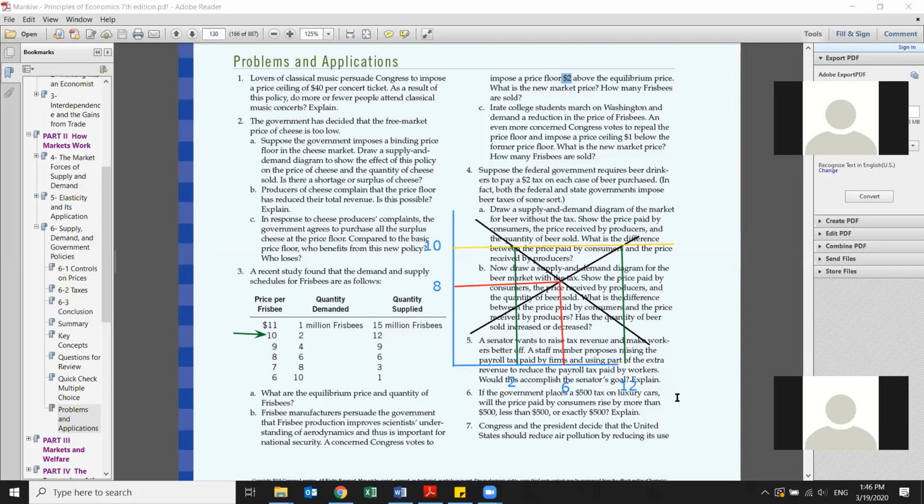You cannot force demand to buy more than what they need and can afford. So there will be only 2 quantity demanded. The surplus, the government should purchase back, these frisbees. But what they are going to do with these frisbees is another question.